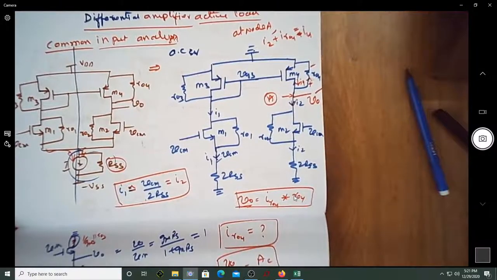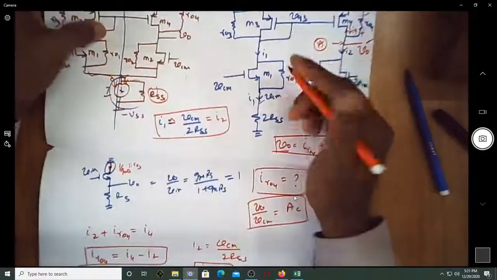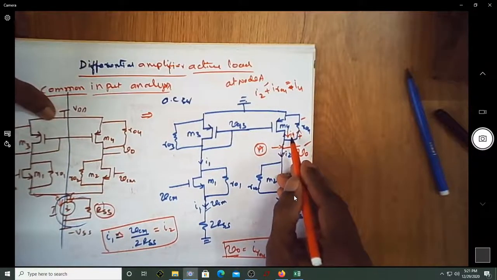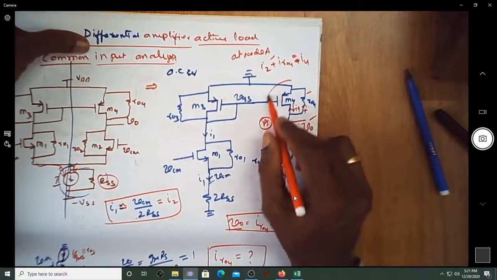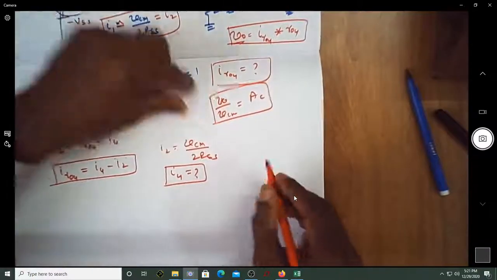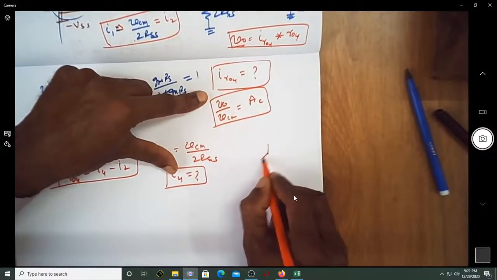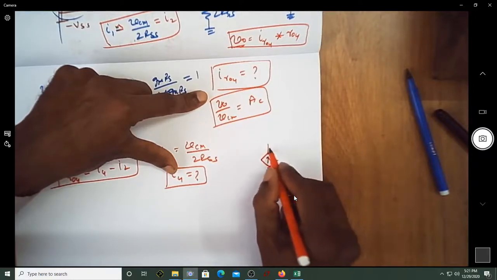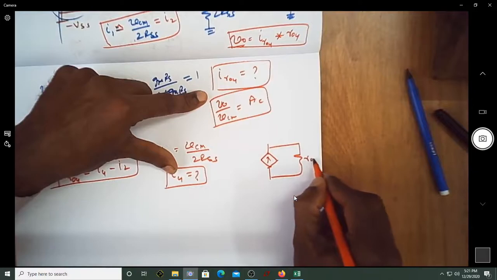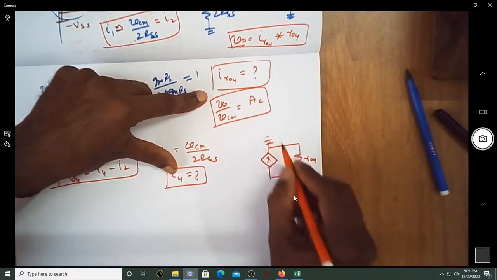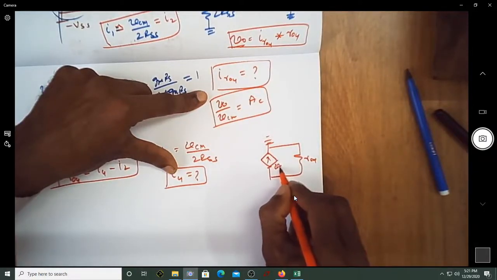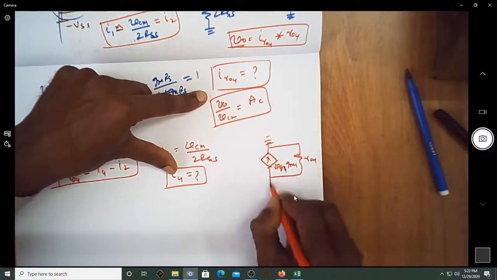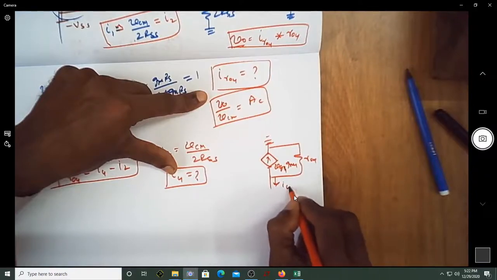So now, can we find the value of I4? Can I replace that by a small signal model as something like this? This I can rewrite as R04. This is grounded, and this is VG4 into gm4, and of course we consider this as I4.